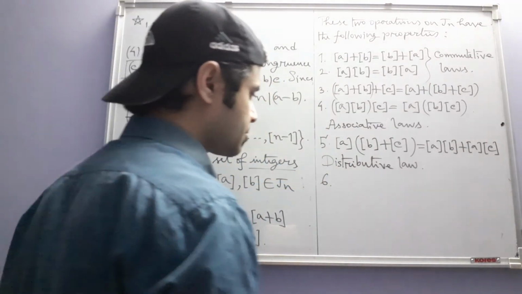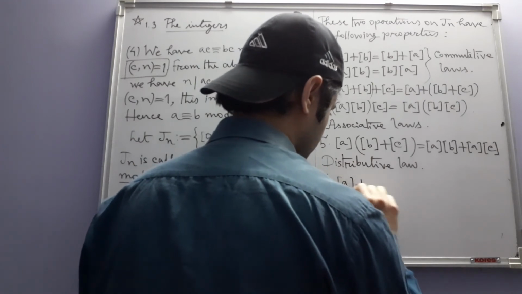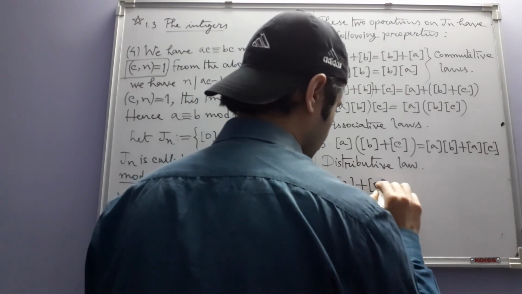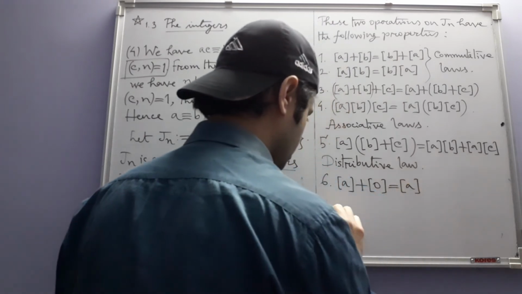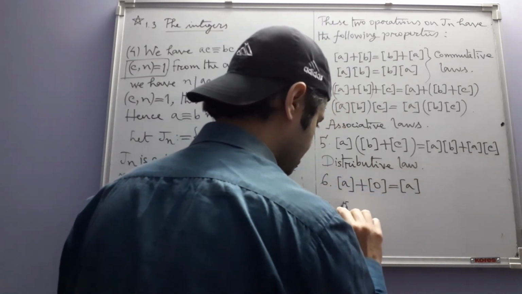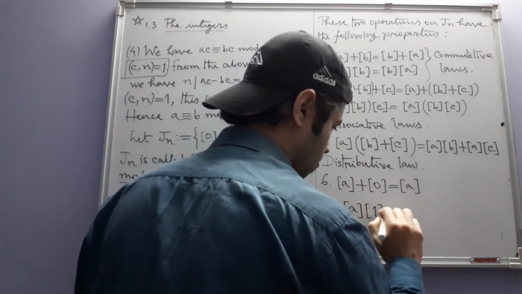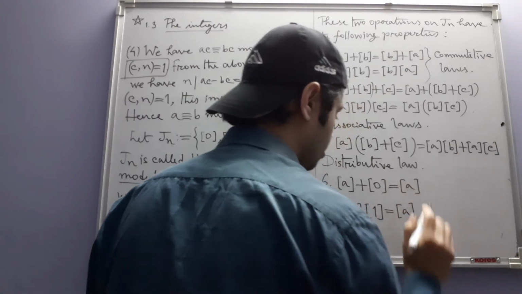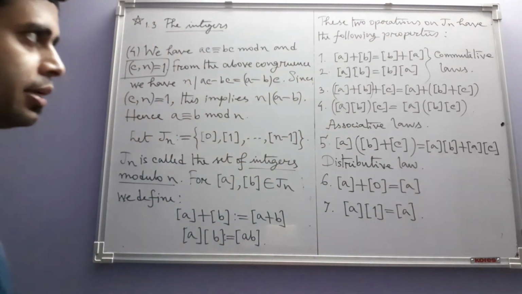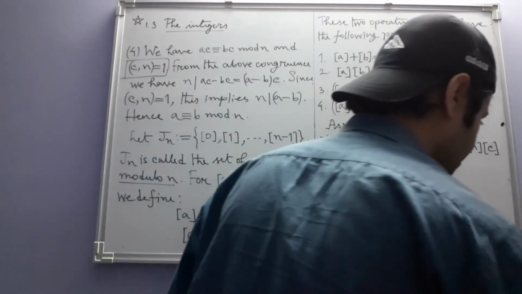This is the 6th one. And this is the 7th one. Usual stuff that we already know about the integers and ordinary addition and multiplication of them.